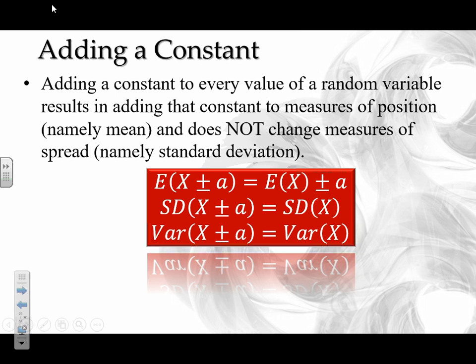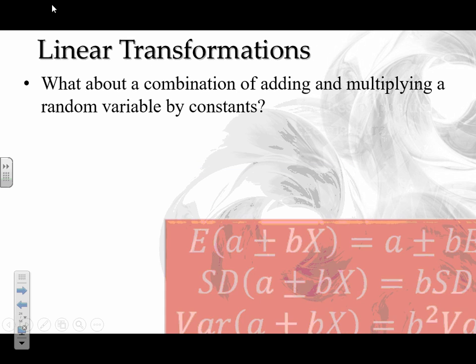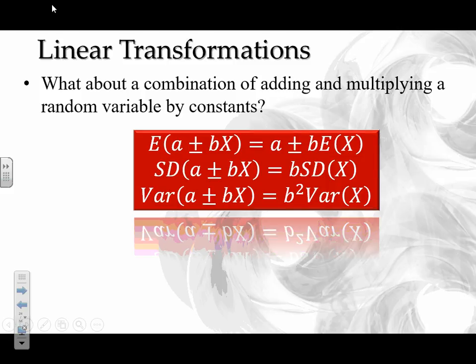Okay? So now, if we put this all together, you don't necessarily have to write these down if you don't want to. It's the same stuff. The last two formulas you wrote down, it's just combining them together. So if we were to multiply and add or subtract in the same problem, so if we were to take one variable and multiply it by something and then add or subtract a constant, then the mean changes exactly as you would expect.